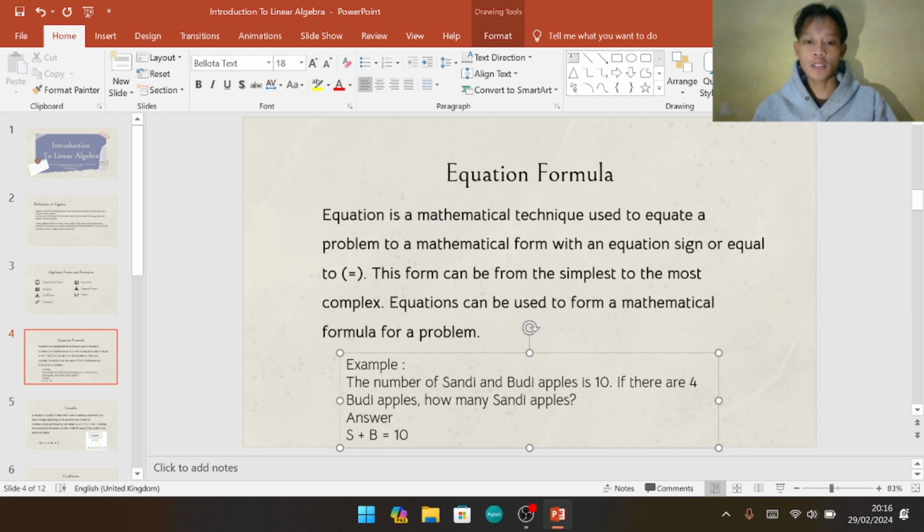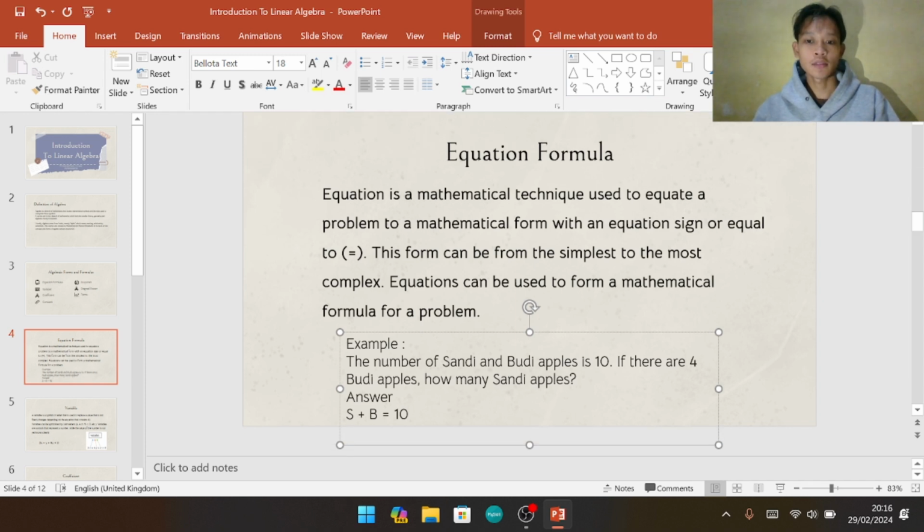S plus B equals 10, and S plus 4 equals 10.